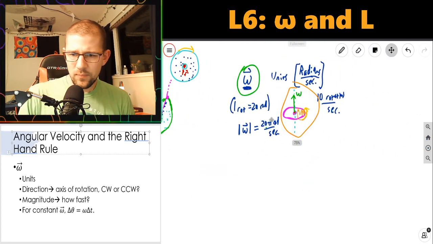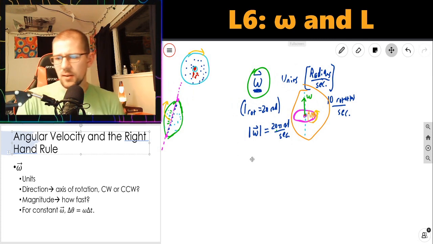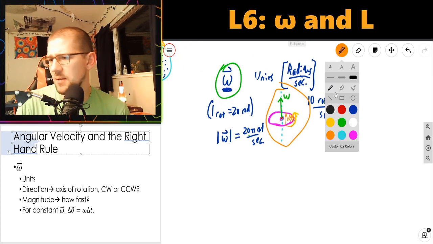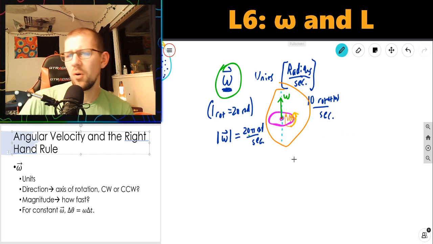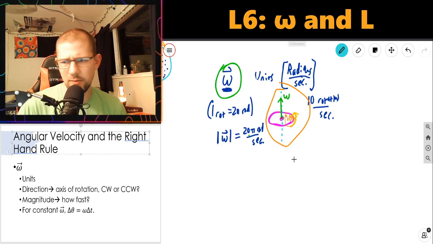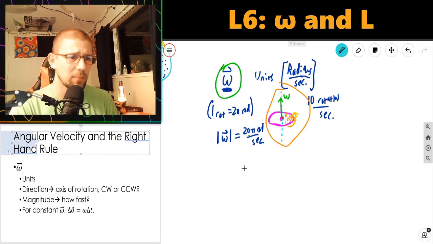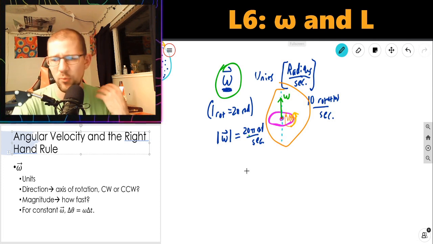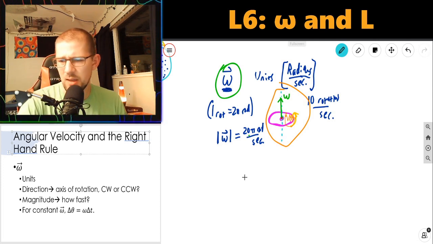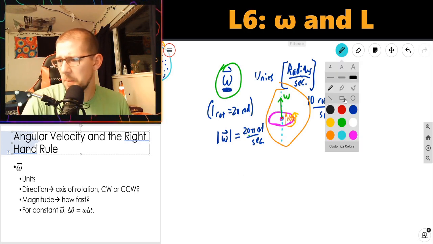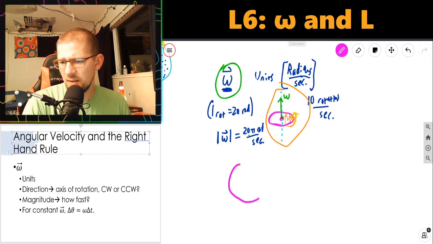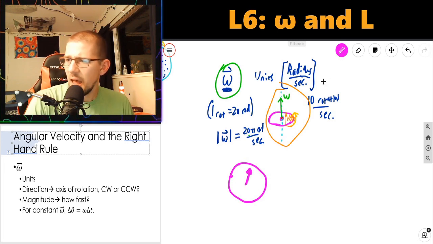Now, two other things that are important. The first thing is a little memorizational thing you can use to check yourself for the right-hand rule. So I recommend just learning the right-hand rule straight up, but if it's hard when you're first learning it, here's a memorizational thing to help you out. So if I'm viewing my object, say it is a clock now, just for convenience, that'll make life easy.